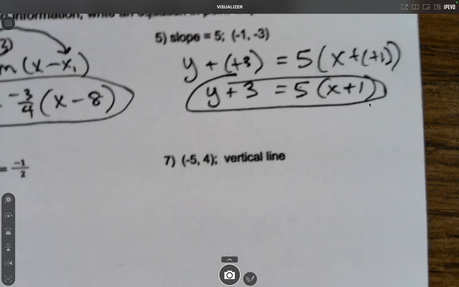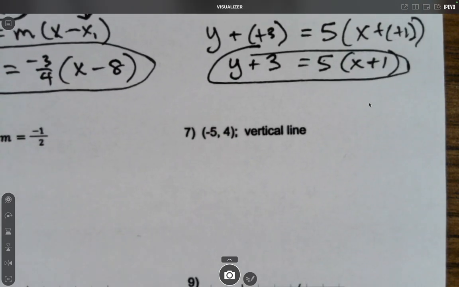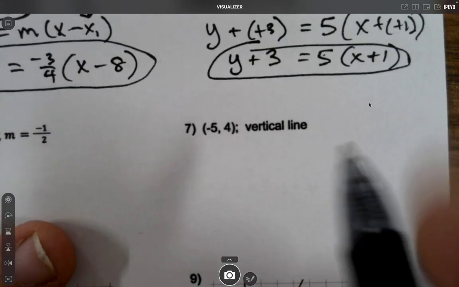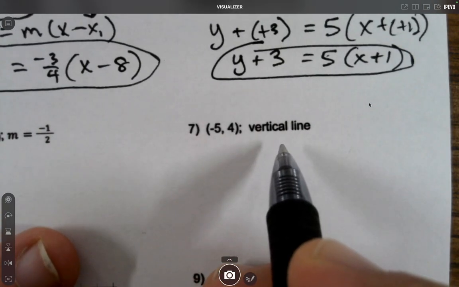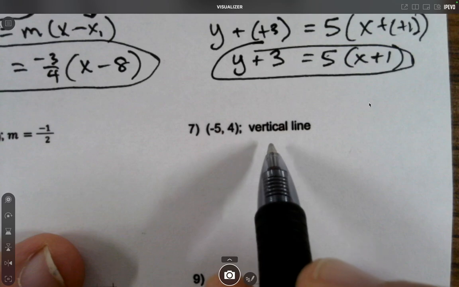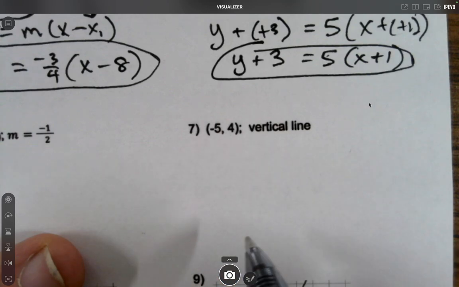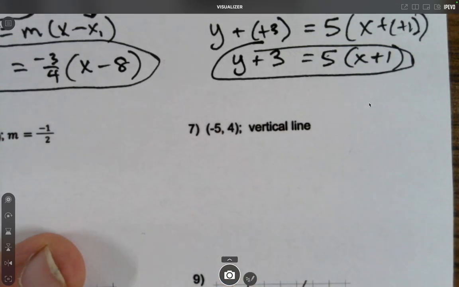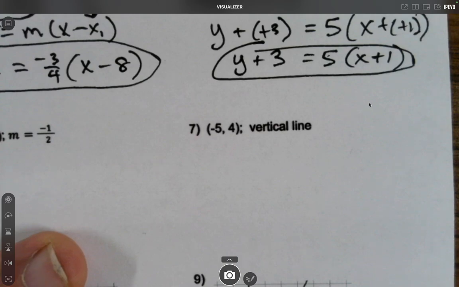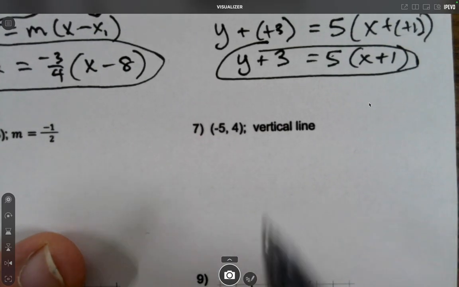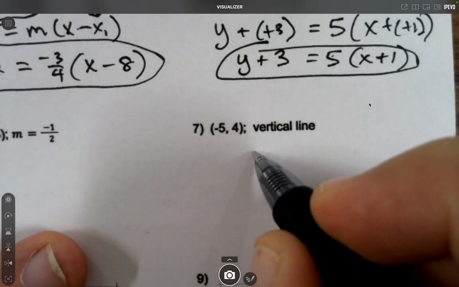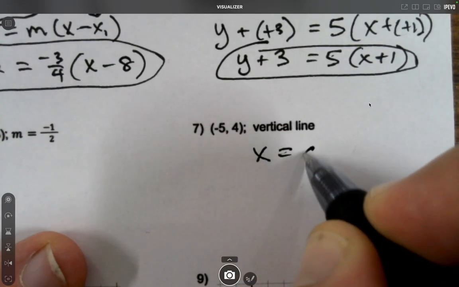Okay, I'm going to jump to 7 because it's a unique one, and I'll let you do 6 on your own. So a vertical line. A vertical line has no slope, meaning, well, how am I supposed to write an equation if I have no slope? Well, all vertical lines are of the form x equals c.